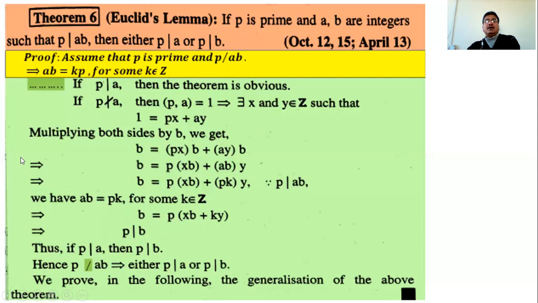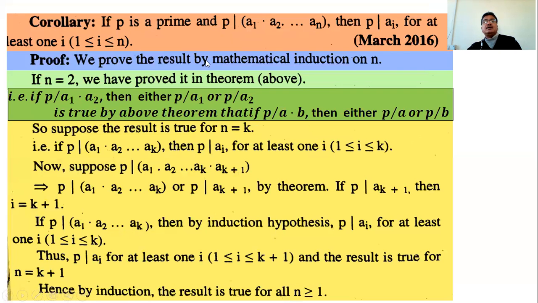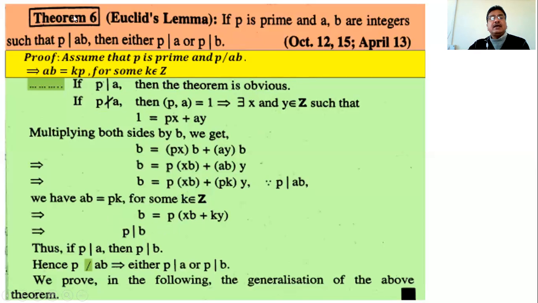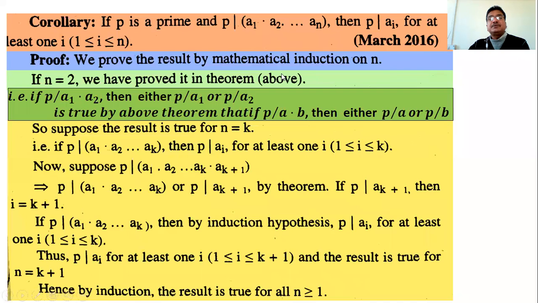Here, with the generalization of the above theorem, we take a corollary. That is, if P is prime and P divides A1, A2, up to AN. Here it is only two, A1 and A2; AB means A1 and A2, the product of two. Here is the product of n integers: P is prime and P divides A1 times A2 times up to AN.